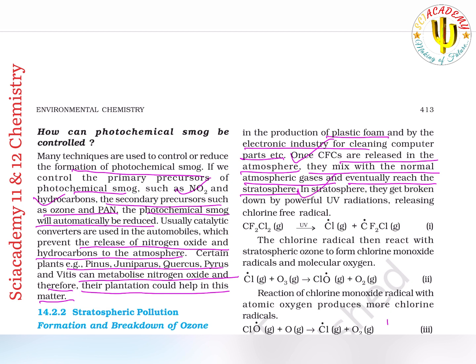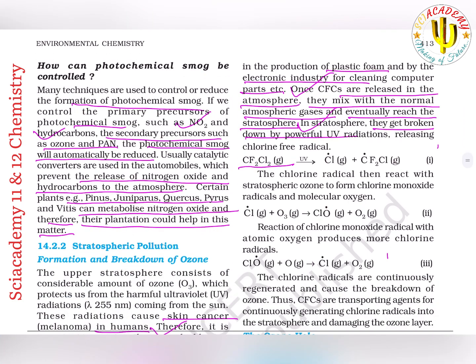In the stratosphere, they get broken down by powerful UV radiations, releasing chlorine free radicals. CF2Cl2, in the presence of UV light, gives free radicals of chlorine and free radicals CF2Cl. The chlorine radical then reacts with stratospheric ozone to form chlorine monoxide radicals and molecular oxygen.